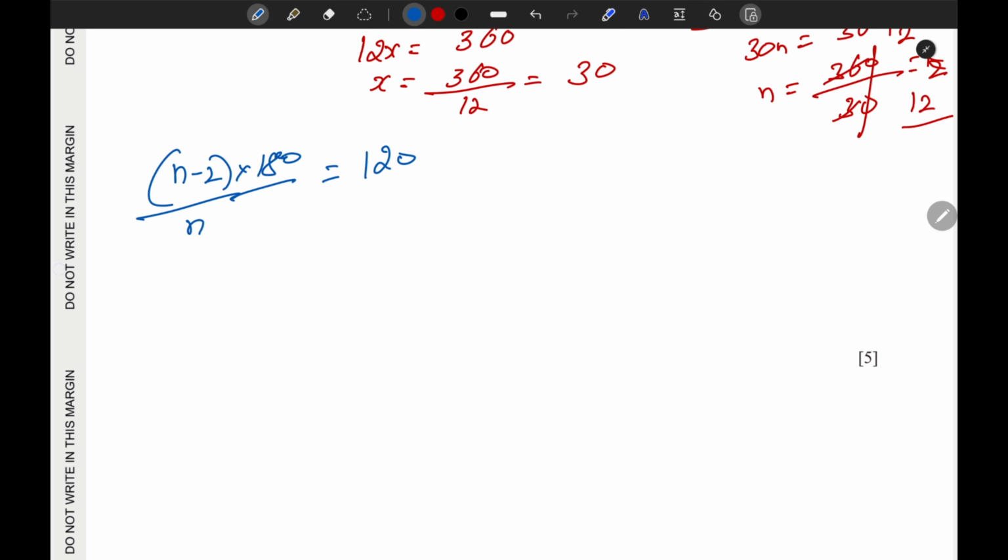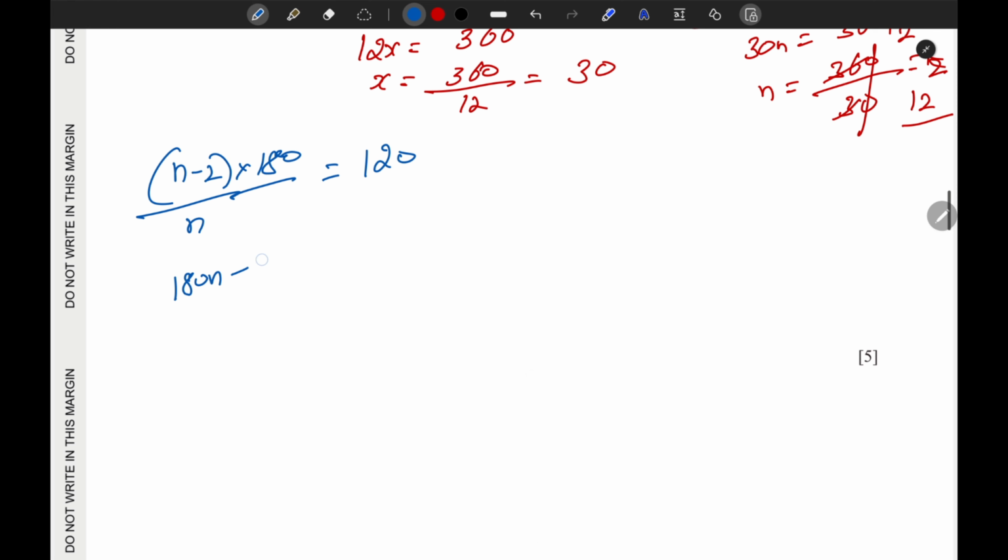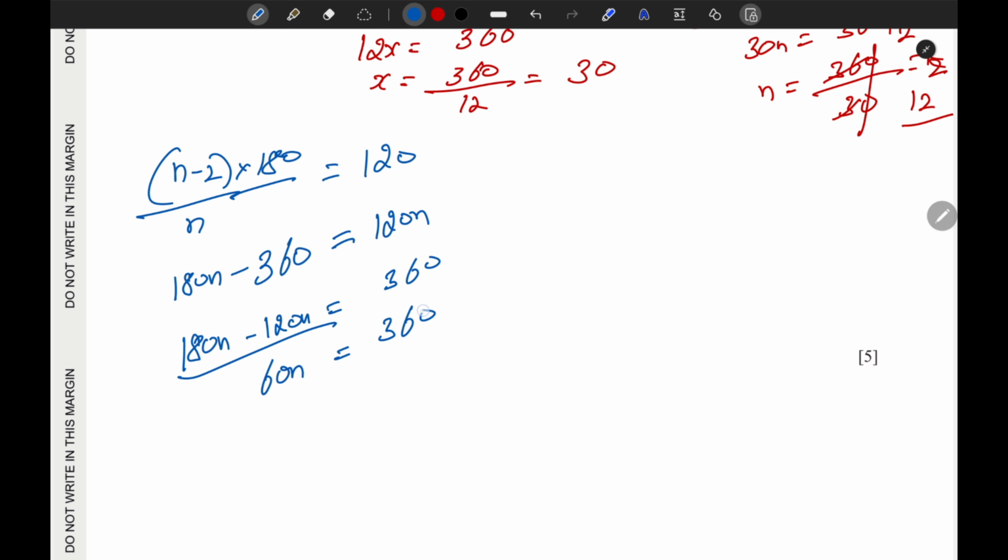So multiplying, this is 180n minus 360, because 180 times 2 is 360, equals, by cross multiplication, 120n. Now changing the side, 180n minus 120n equals 360. So this is 60n, 180 minus 120, equals 360. So what is n? n is 360 by 60. You cancel the zeros, so this is 6.